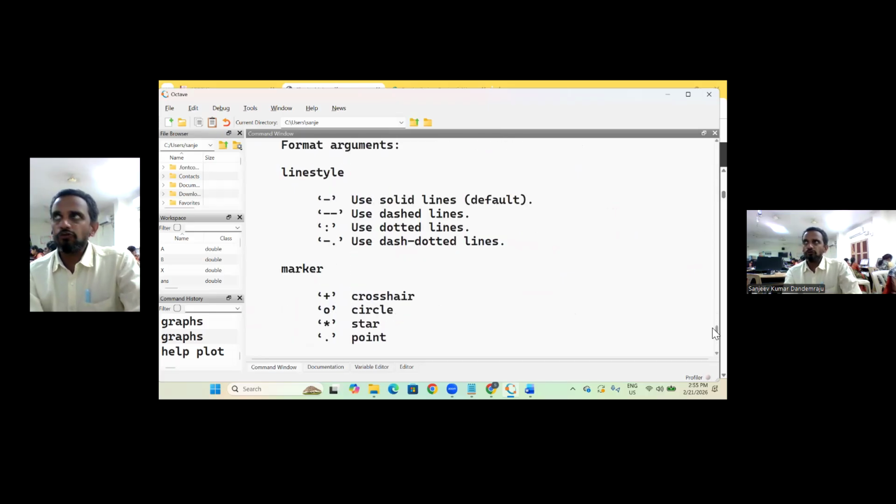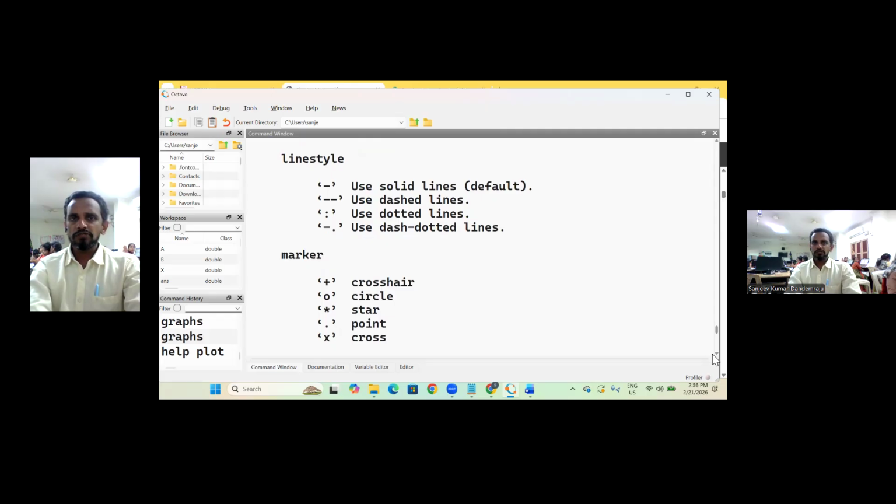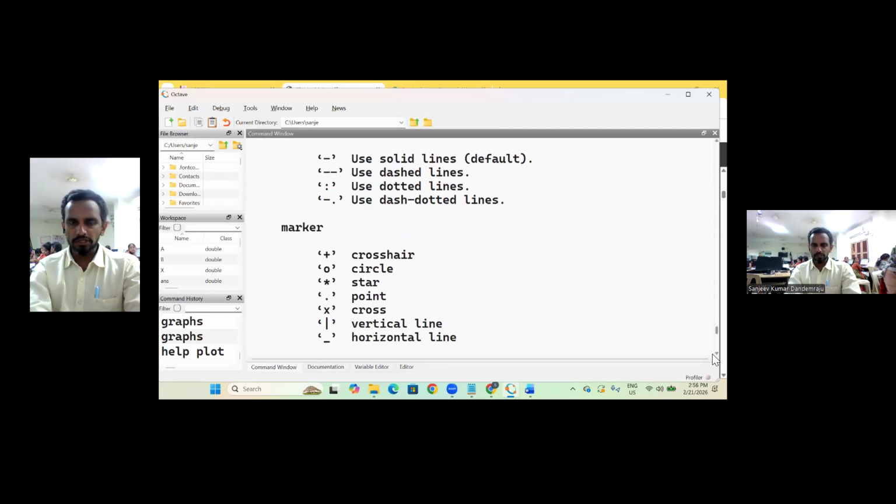Let's say you want your sin x curve to be a dash line, you have to use a double dash. Let's say the marker is a circle and it is in red color. I want that sine curve to be in red color with dash line and circle marker.